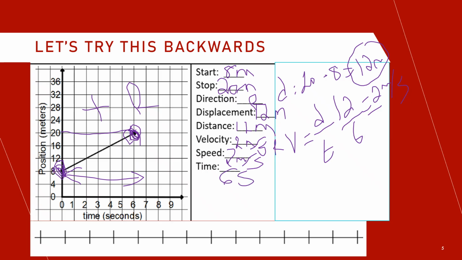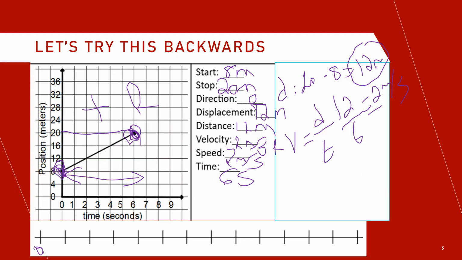Okay, let's go ahead and place those on a motion map. Even though we have a graph that starts at 0, our beginning or starting point is at 8. So right here, we need to show that this is going from 8. I'm going to identify the points in increments.